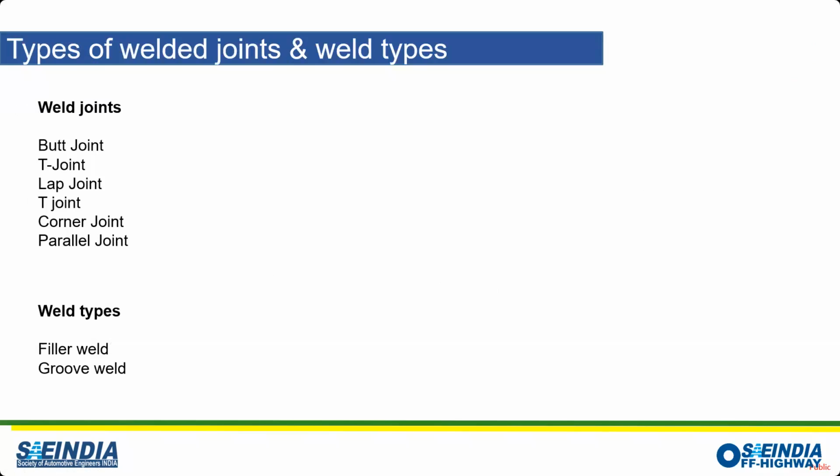Yeah, thank you. So these are the common types of welding joints and the types of welds. Depending on the connection between the two parts, at what junction you are trying to connect them, the type of weld joint can be a butt weld, or a T joint. Lap joints are also possible when you place one part of the metal on the other.